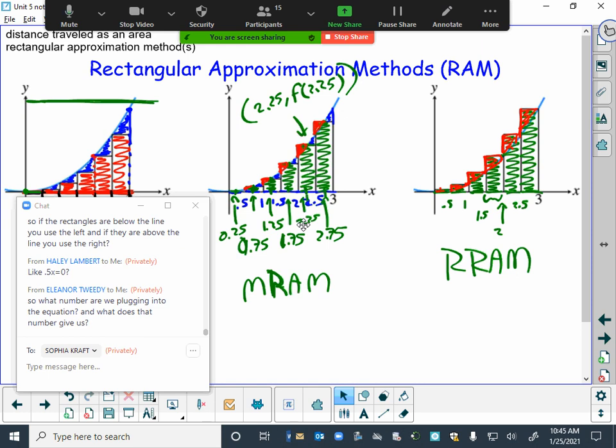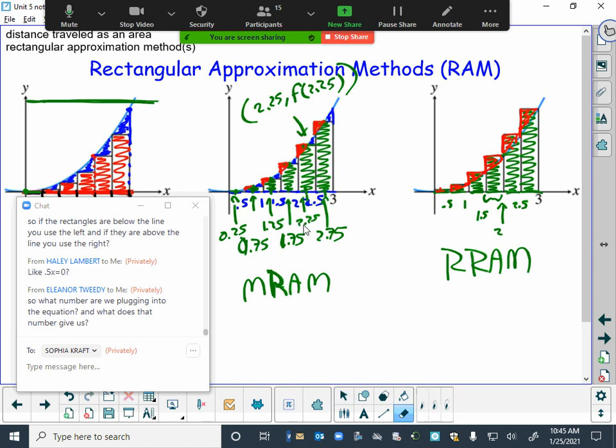It only makes sense, if we're going to do an area of a rectangle, that we've got this curve that goes through there that we're trying to approximate, and so we shouldn't make it any smaller than the values of the curve on that interval.